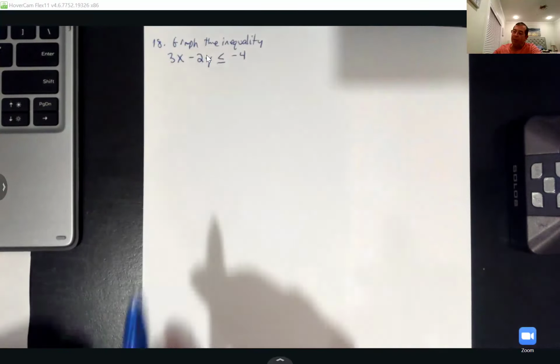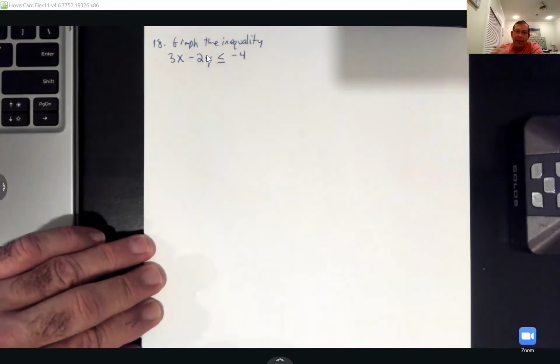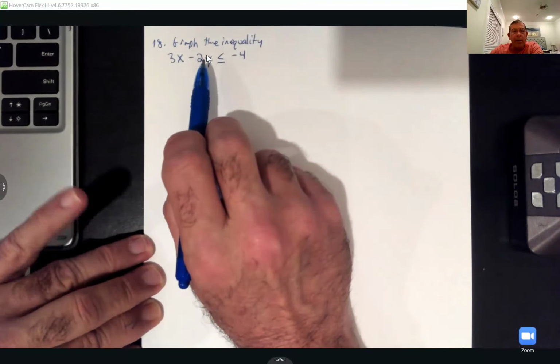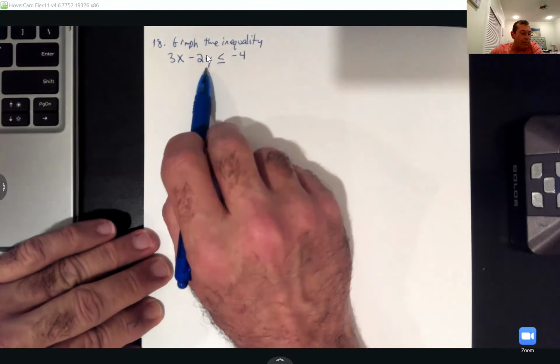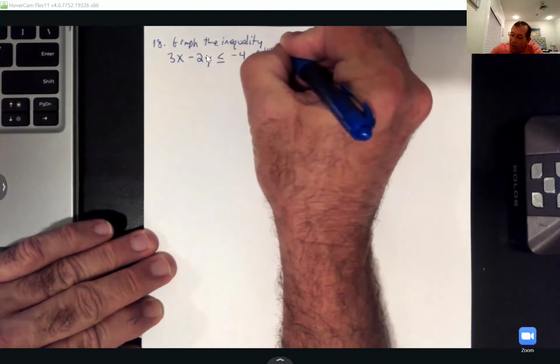All right, so remember, you can do these on the calculator. I'm doing them all by hand. But either way, you really want to solve this for y. So just like a while ago, I'm going to solve for y. So to do that, you're moving the 3x over. Then you're going to divide by that negative 2, okay?